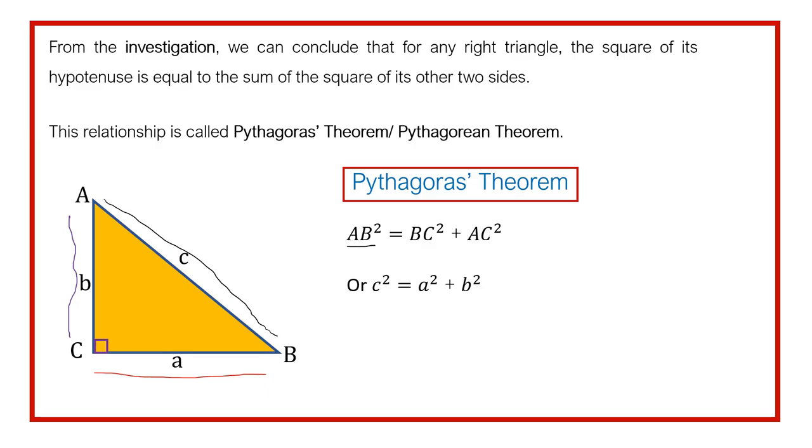So, in short, we can say C squared equals A squared plus B squared.